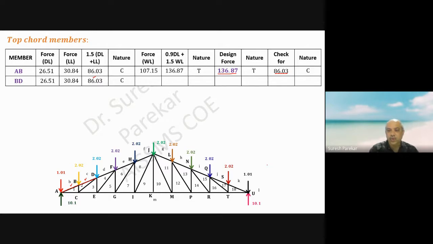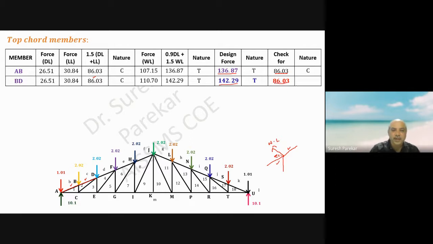But if we go to the dead load plus wind load combination, you get a component of the horizontal force, and therefore the force in this member is not the same as in that member. We have 110.70, a small component of the wind load, and this is again sine, so it is very less. Then the combination we have is 142.29 and 86.03, that is the design force, and then the check for this we have again the same.